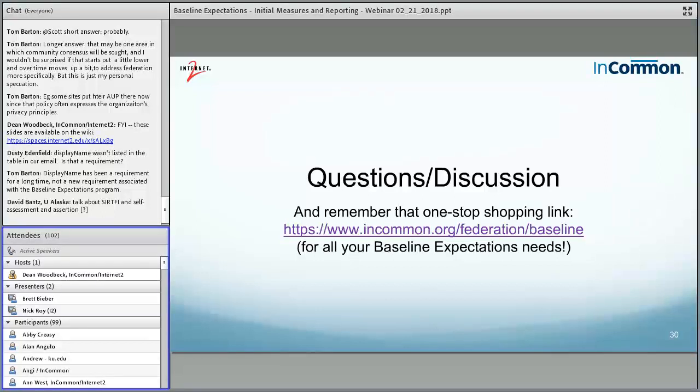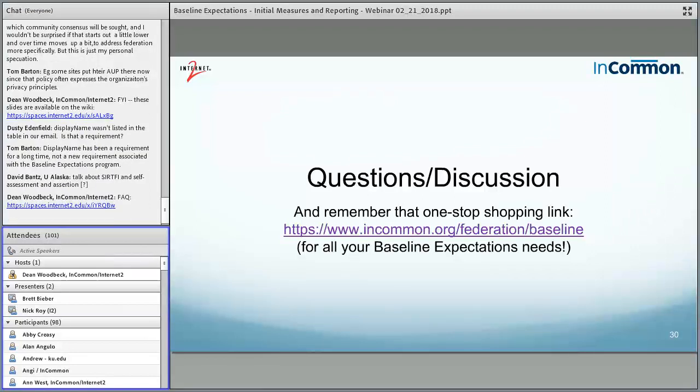And that process is likely not going to be in effect until the participation agreement has been approved by InCommon steering and the 90-day notification period has finished. So there's months and months before anything like that would happen.